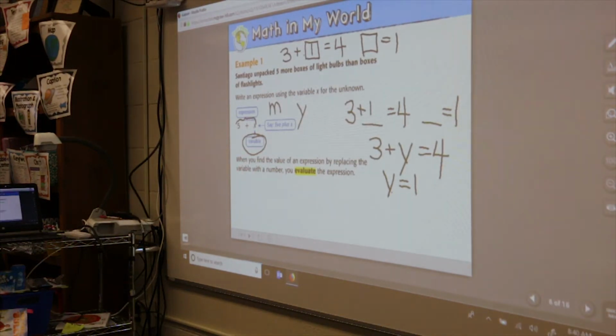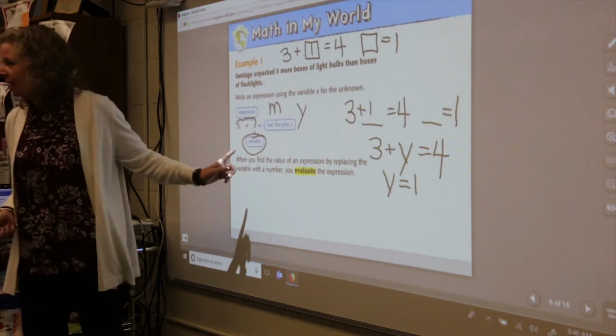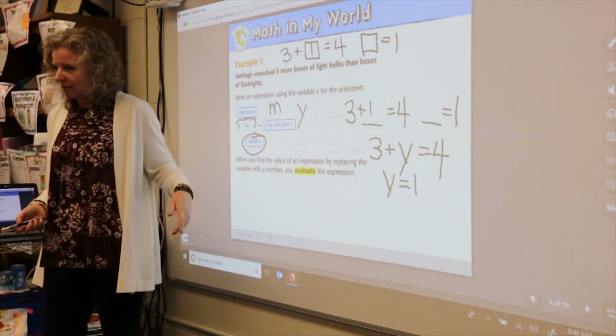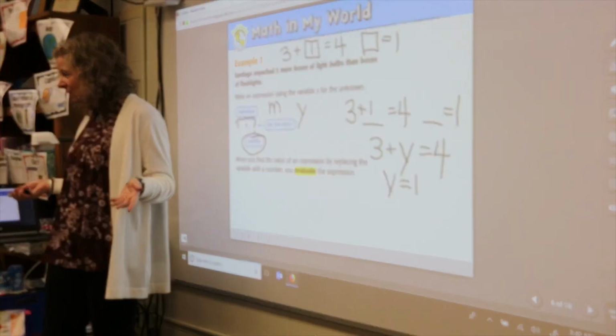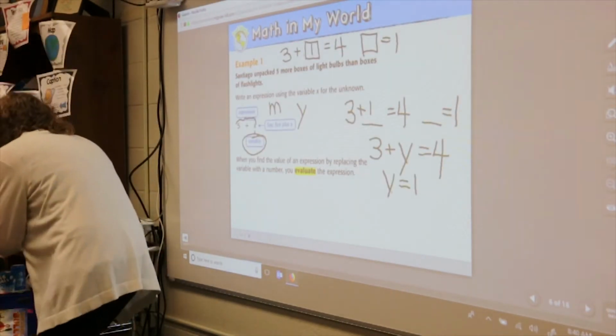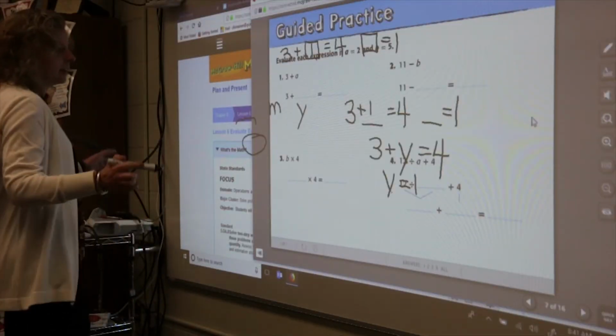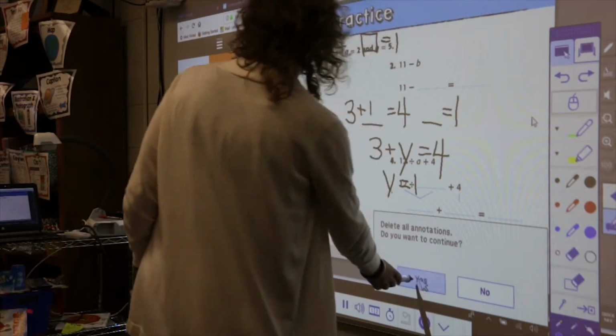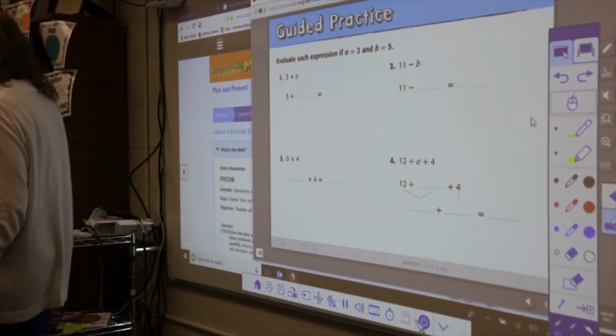But now we're sticking a variable in the expression. Does that make sense to you? Terribly difficult? Not so bad? Now look at this. Doesn't that look pretty?